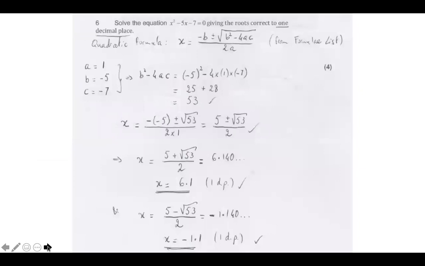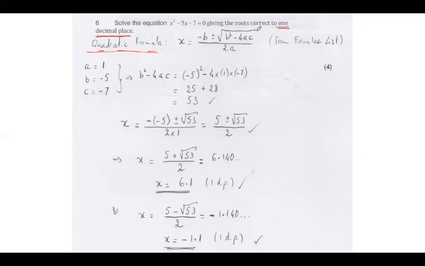Next, here I've underlined what's the most important part here. Give the roots correct to 1 decimal place. So, formula sheet, you've got to use the quadratic formula.